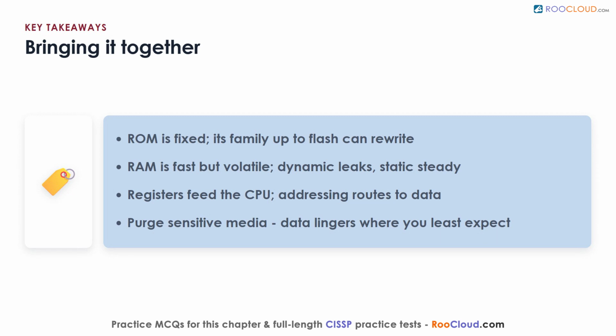Registers feed the processor directly, and addressing schemes route it to the data it needs. Secondary and virtual memory extend capacity at the cost of speed, and storage divides along primary versus secondary, volatile versus non-volatile, and random versus sequential. Above all, purge sensitive media before release, because data lingers where you least expect it.